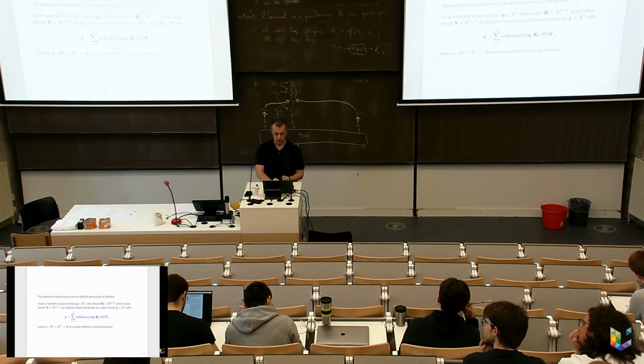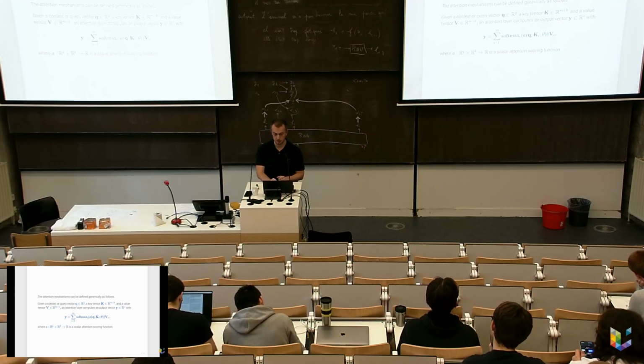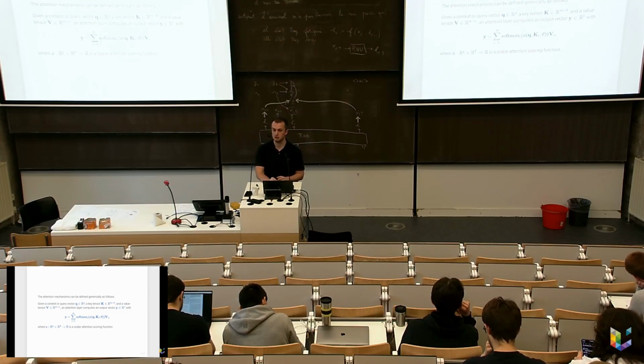And then you say y is this sum of weights times the values associated to the keys. So this sum of softmax of v is just a weighted mean, where the weights are given by the softmax elements, and you do a mean over the values associated to the keys. That's it.